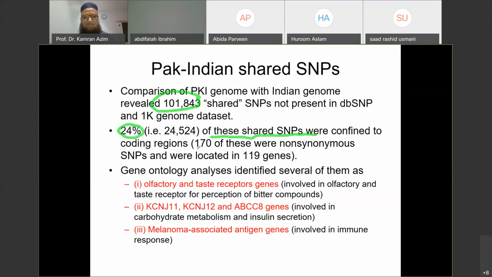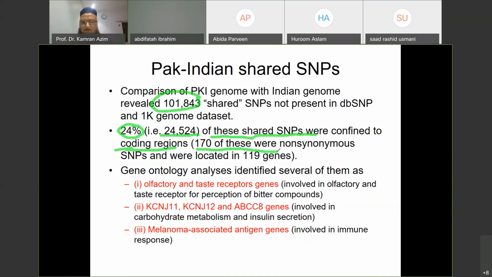These 100,000 shared SNPs are distributed all over the genome, in the gene region as well as the intergenic region. Out of these, 24%, that is 24,524 SNPs, are confined to different coding regions.